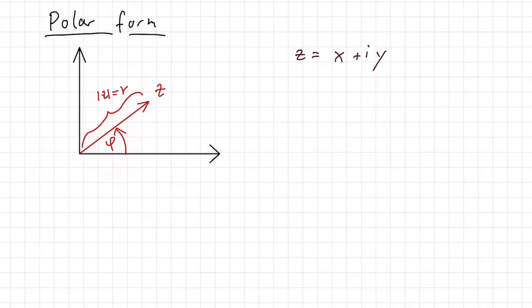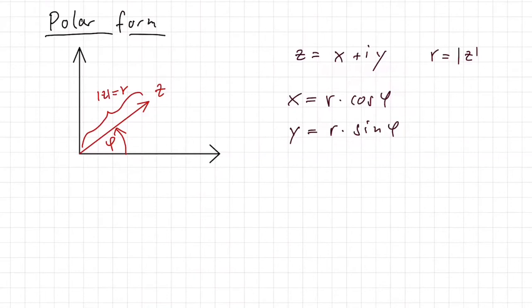And in fact, what we can easily see here is that if we define r equals the absolute value of z, then we see that x equals r times cosine of phi, and y equals r times sine of phi. But if we now plug that back into this original equation, we see that we get r times cosine phi plus i times r times sine phi.